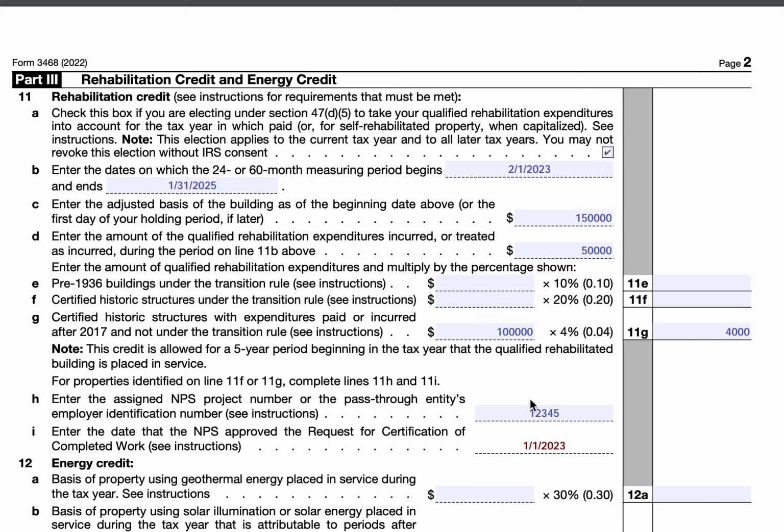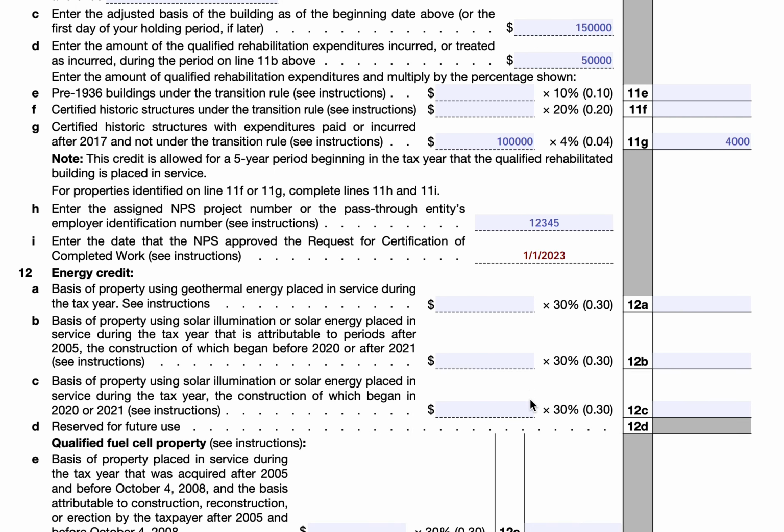Now moving on to the energy credit. The energy credit is the energy percentage of the basis for each energy property placed into service during the tax year.